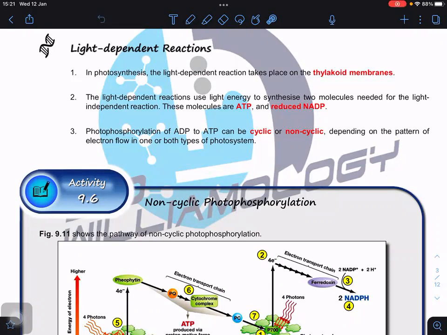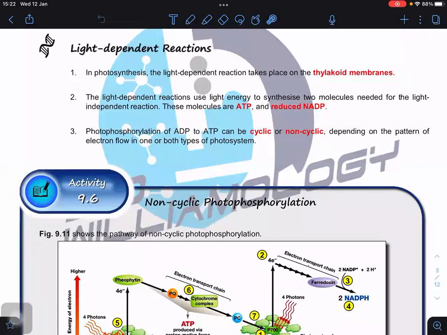So to produce ATP, or we say the photophosphorylation of ADP to ATP, can go through these two processes, either cyclic or non-cyclic, depending on the pattern of the electron flow in one or both types of photosystem. If the ATP formation is through cyclic, then it only involves photosystem 1.